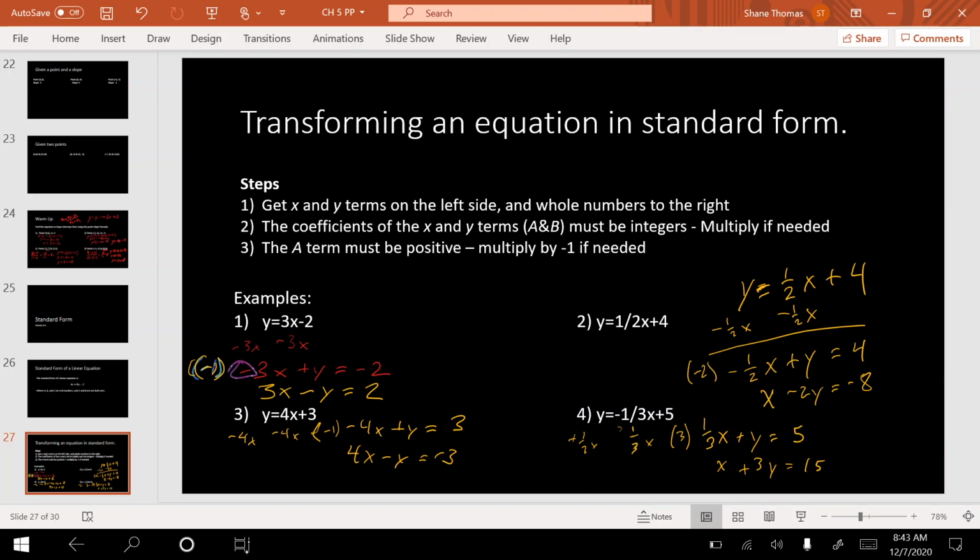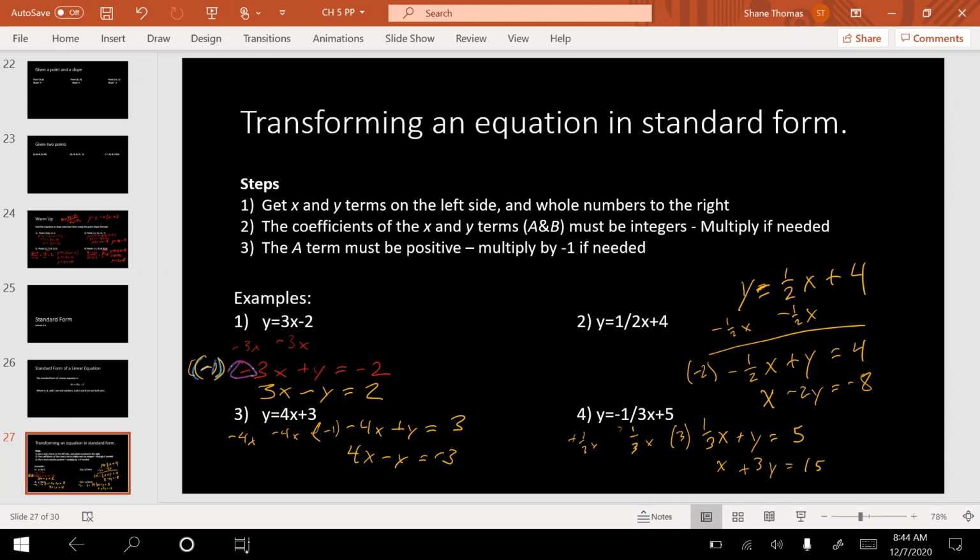So you did fine. What if I multiplied that whole problem by 4? Like that second problem, negative 4x plus y equals 3, I just went and multiplied that whole thing by negative 4. You don't have to multiply by a number unless it's a fraction. Would that still be right?